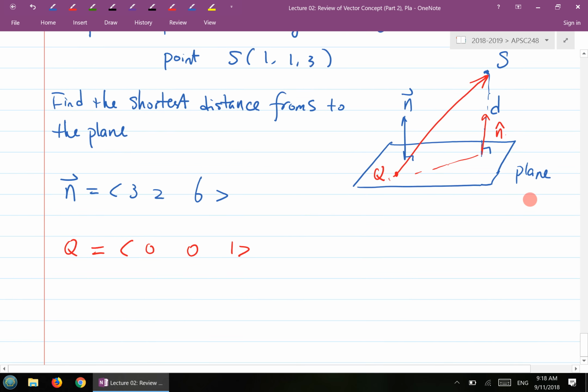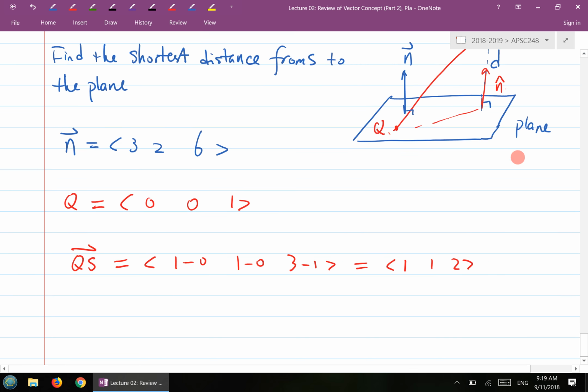So now once I have this, I'll use the knowledge that I learned from the beginning of the lecture. QS equals 1 minus 0, 1 minus 0, 3 minus 1, which is 1, 1, 2. That's your QS here.